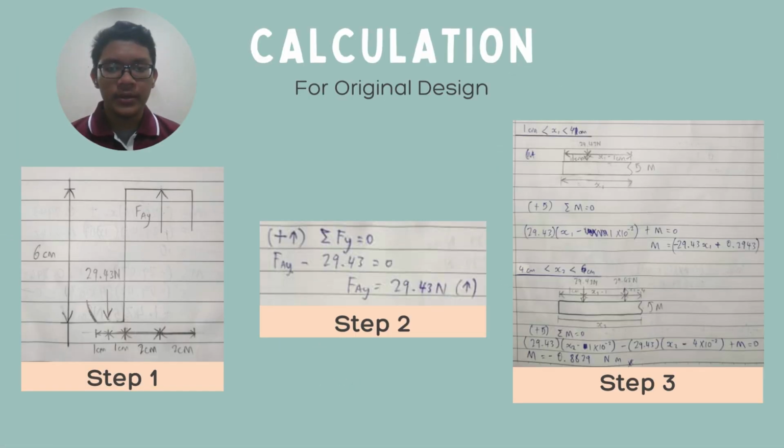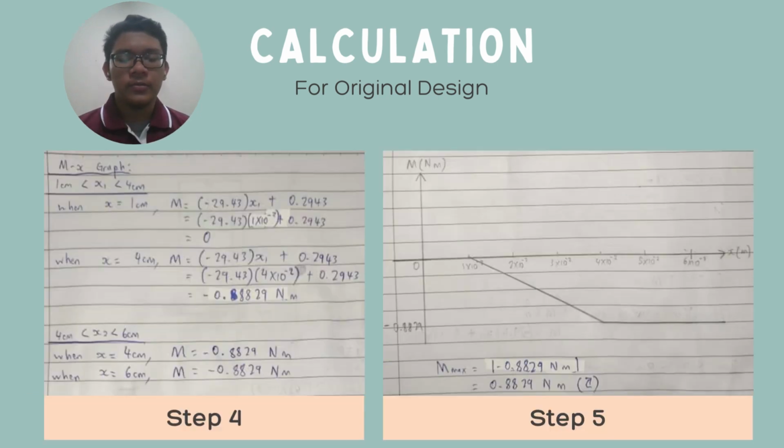For the calculation part, we have the original and new design. For the original design, the first step we have to do is make the free body diagram and input all the forces and the dimensions. For the second step, we have to find the reaction force at A by using the sum of Fy. And then at step 3, we have to cut the component into several parts and find the bending moment.